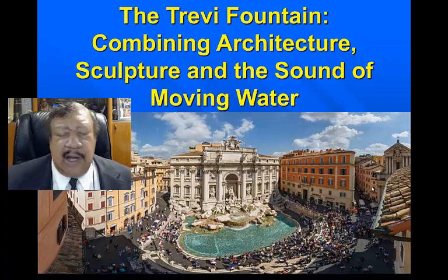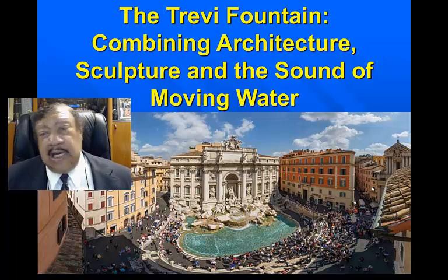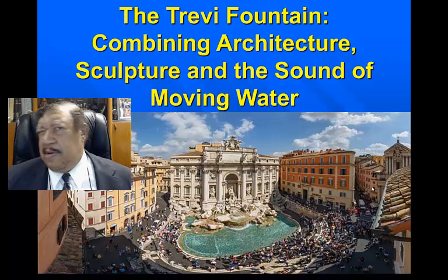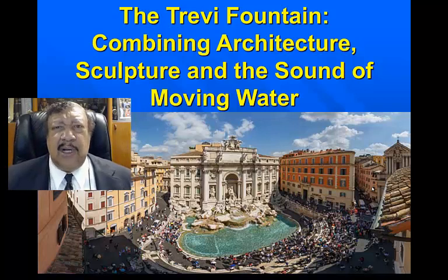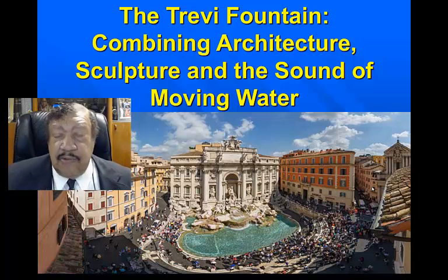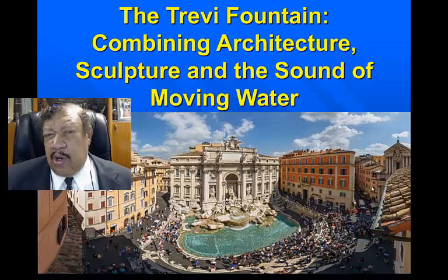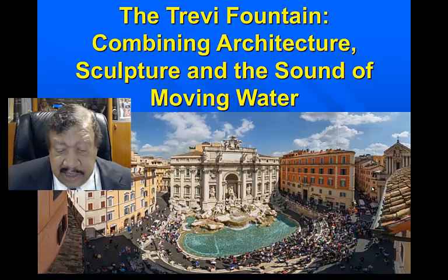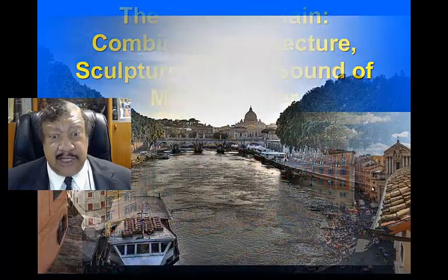I'll never forget when I went to Niagara Falls, and when I got out of the car, I heard this roar, which represented that sound of power and of greatness coming from Niagara Falls, falling, making this roar. So it is when you go to the Trevi Fountain that you see in the sculpture and the sound of the moving water, and how that sculpture is integrated into the architecture.